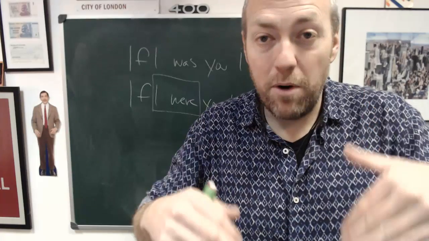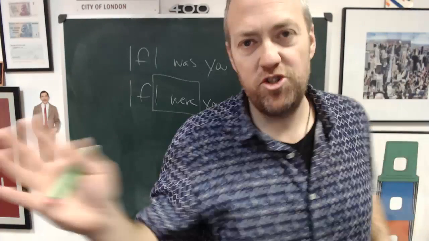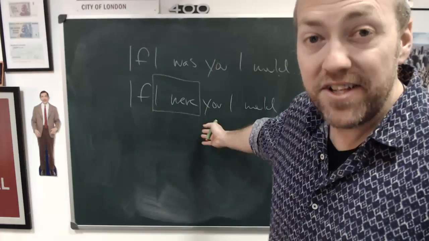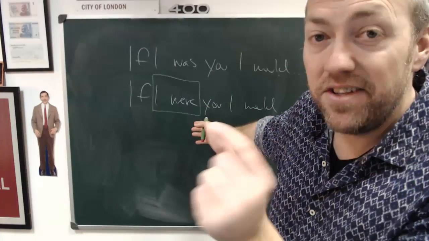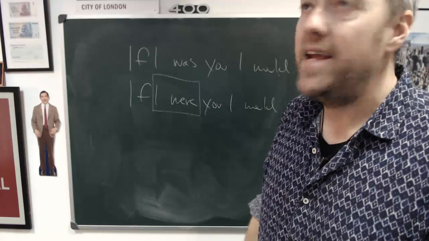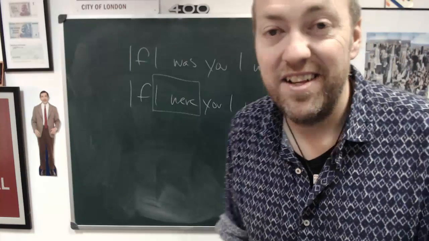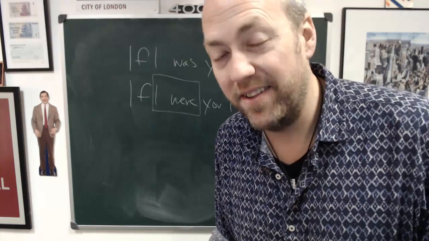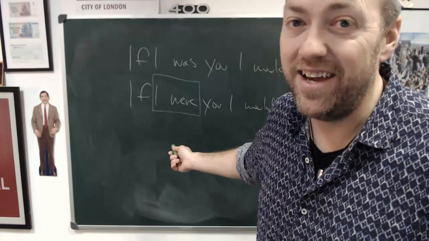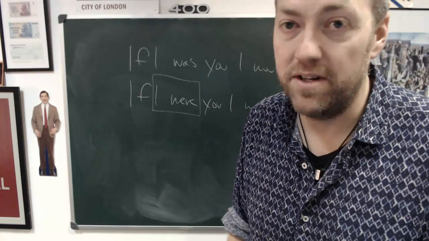But now in modern English, the subjunctive is dead, okay? And this little piece is a remnant from Old English. Now, unfortunately, this is dying as well. Okay, this is dying similar to other parts of the subjunctive.